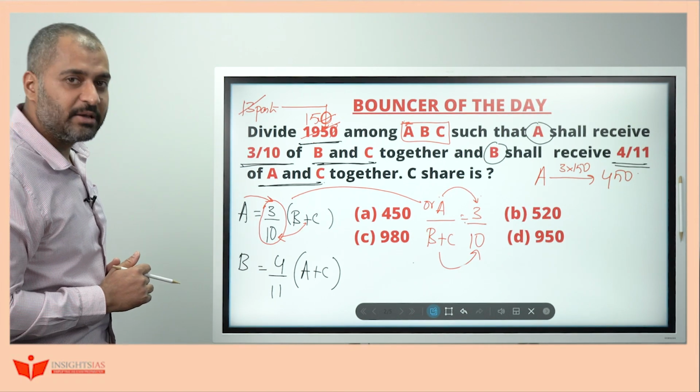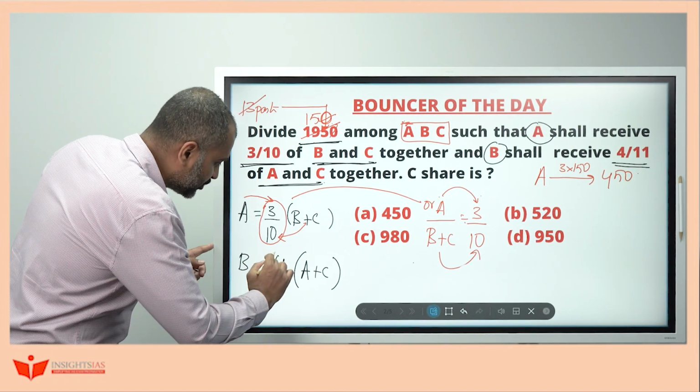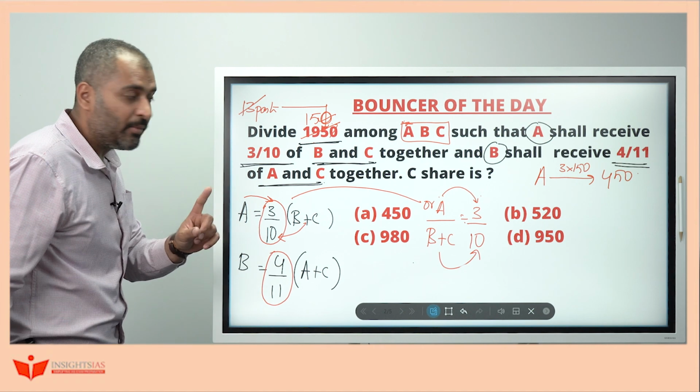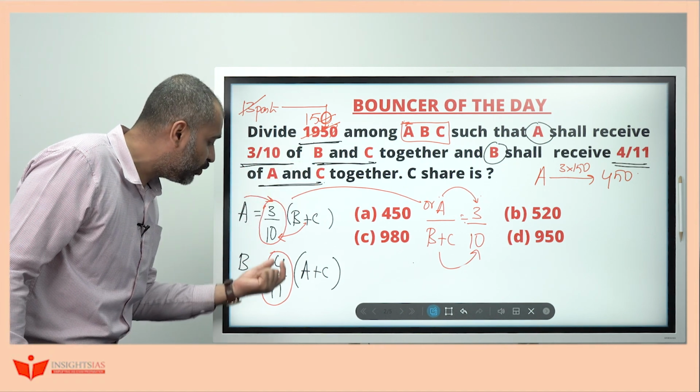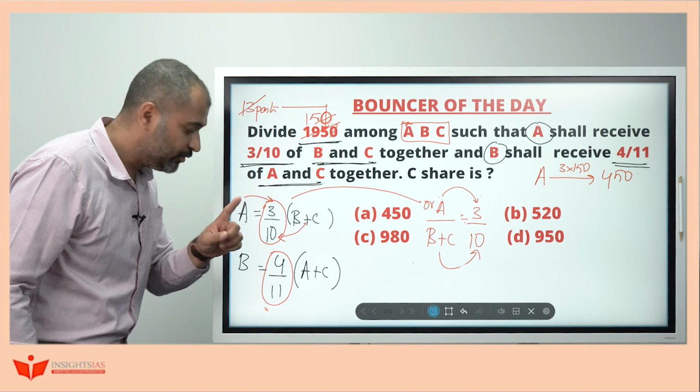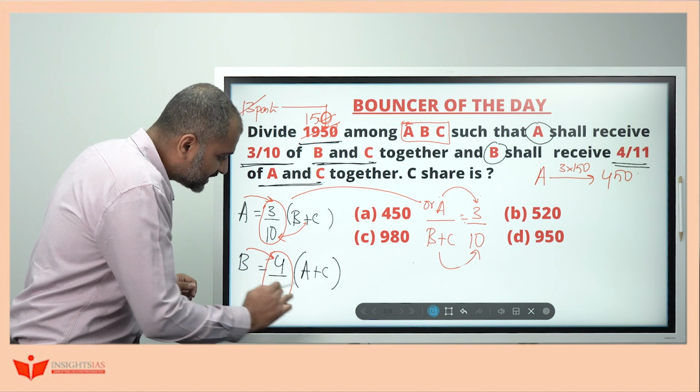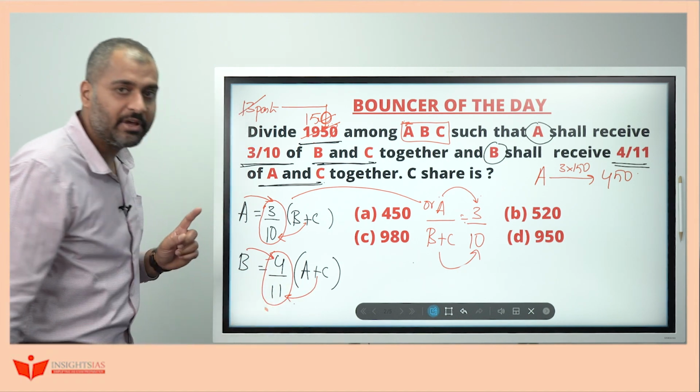Similarly now, when you compare this ratio, the same amount 1950 is divided into 15 parts, in which B is getting 4 parts and A and C are getting 11 parts.